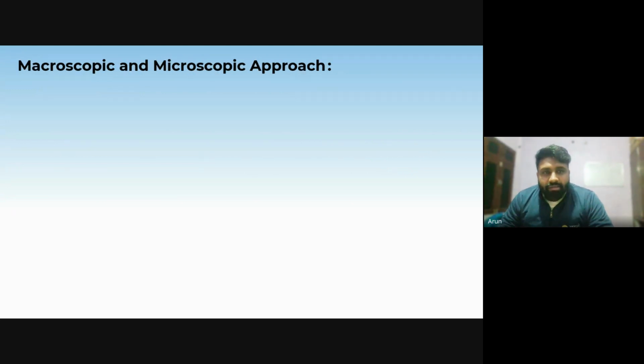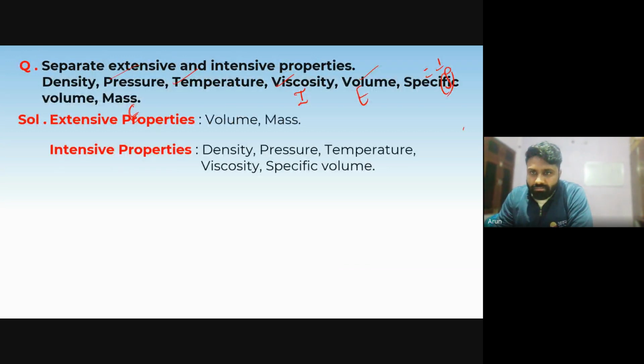Okay. Now the microscopic and macroscopic approach. These are the two approaches that we usually apply in fluid mechanics and in thermodynamics also. Got it? Any kind of doubt in this question? If you are clear with this, just do this.